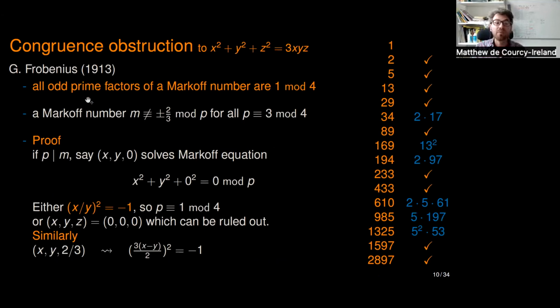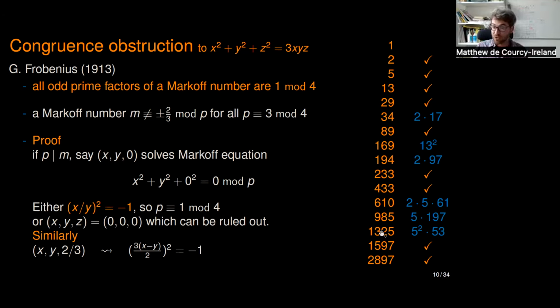Frobenius followed up on Markov's work and showed that all the odd prime factors of a Markov number are 1 mod 4. For primes that are 3 mod 4, there's also a missing residue class. The Markov number m can't be plus or minus 2/3 mod p for p congruent to 3 mod 4. If p is equal to 3, then m is not congruent to infinity.